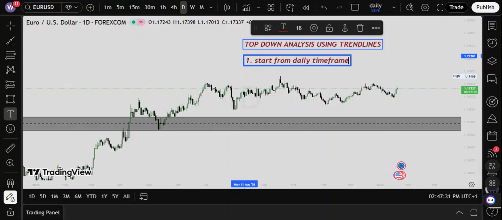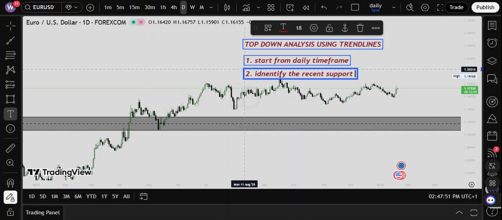So when you're entering from 15 minutes time frame, the next step is to identify your support or resistance area. Identify the recent support and resistance area.